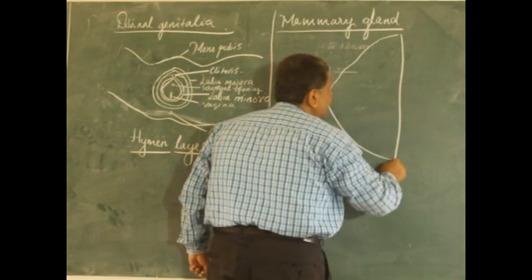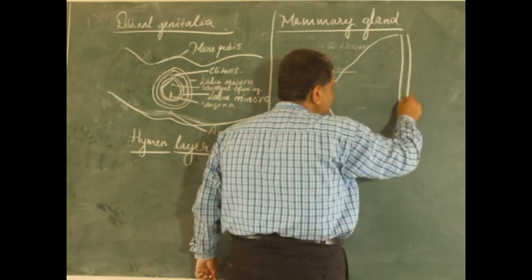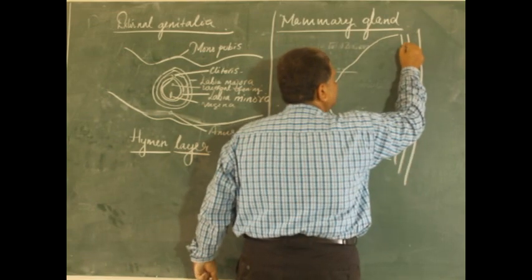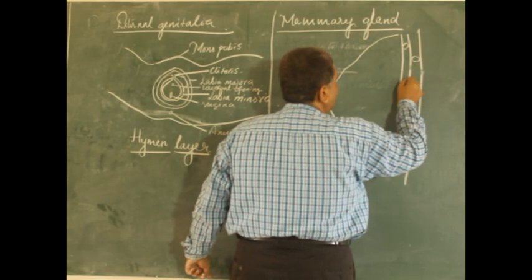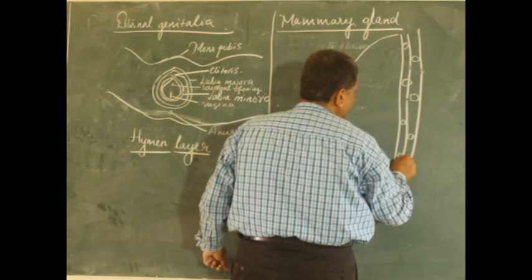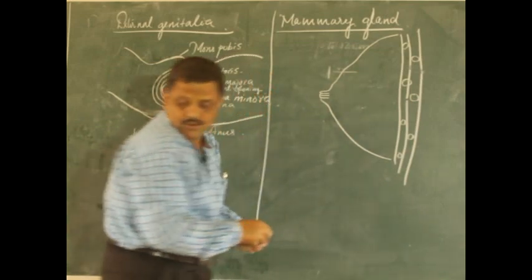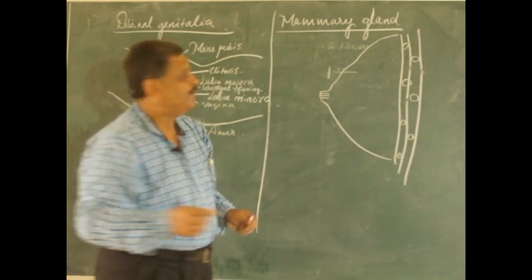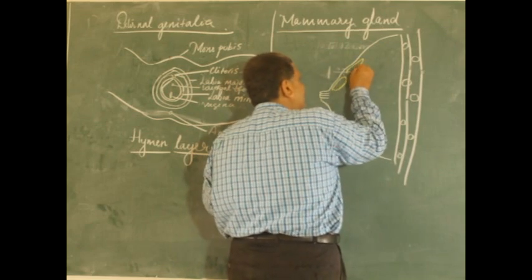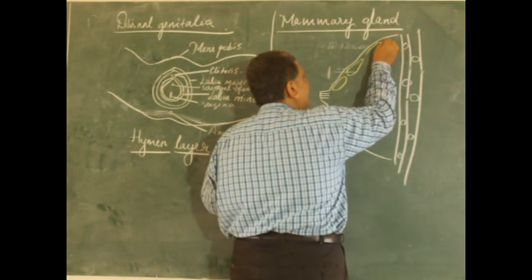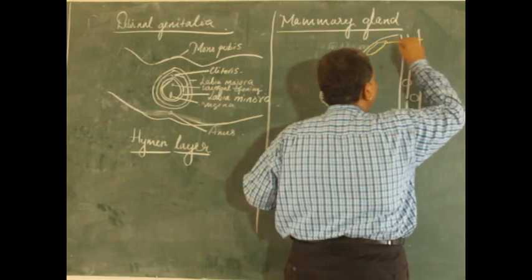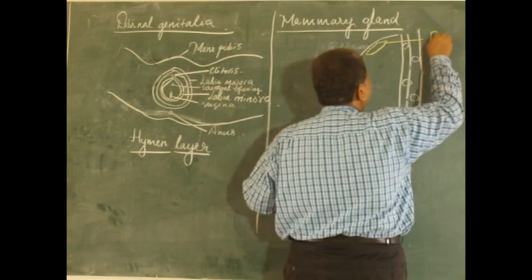Here you can see the thoracic ribs and muscles, which give support to the tissue of the mammary gland. You can also observe the fatty tissue. If you dissect the body, the part present immediately below the skin is fat.